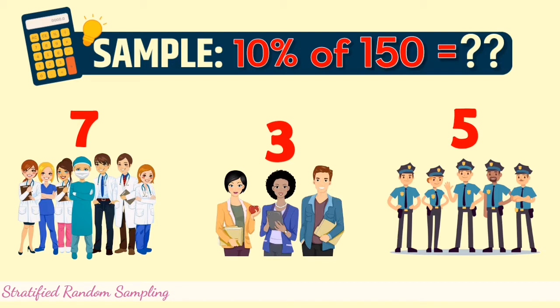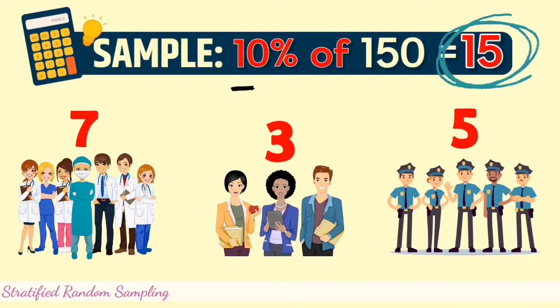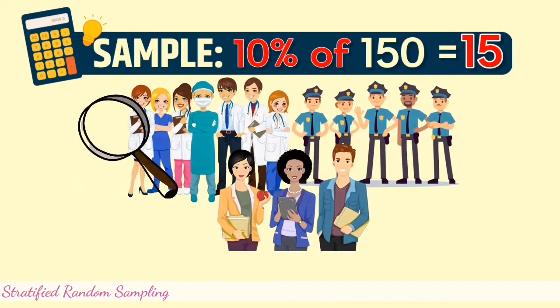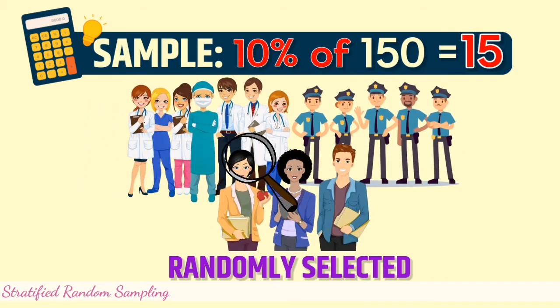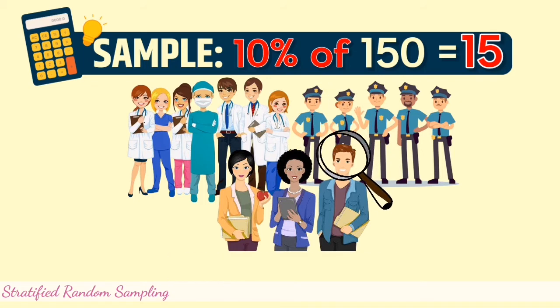This is now equal to 15 persons, which is 10% of our population. This number of persons will be randomly picked from our strata to form our stratified random sample.